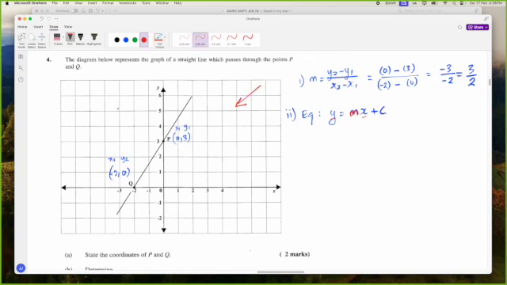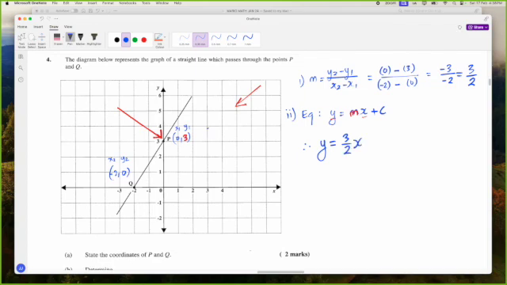And the graph is showing me c is where the line intersects the y-axis. So c is this 3 here. So I don't even need to do any working. So therefore the equation of the line is y is equal to m, which is 3 on 2 x.